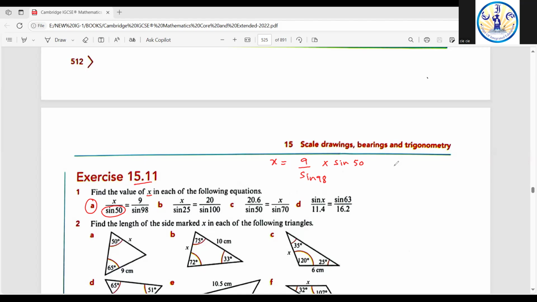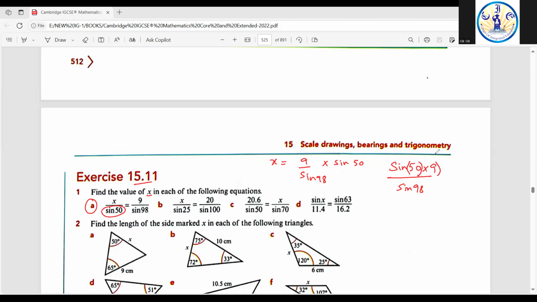Normally students do it as sine 50 times 9 divided by sine 98. There might be a chance that if the calculator is not using brackets here and you are not using brackets here, the answer might be wrong.